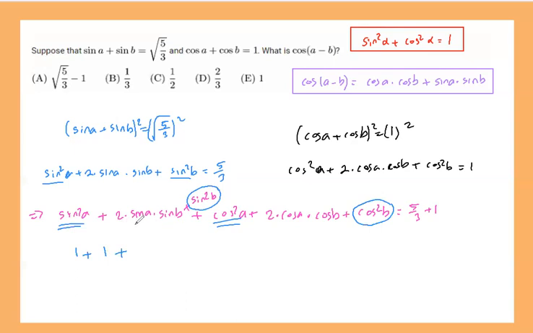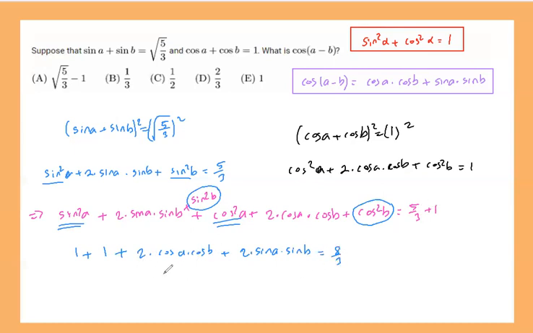And I have 2 times sine A sine B and 2 times cosine A cosine B. I'm going to write the cosine one first, but it doesn't really matter. So that is equal to 2 times cosine A cosine B plus the remaining term, 2 times sine A sine B, and that equals a third.